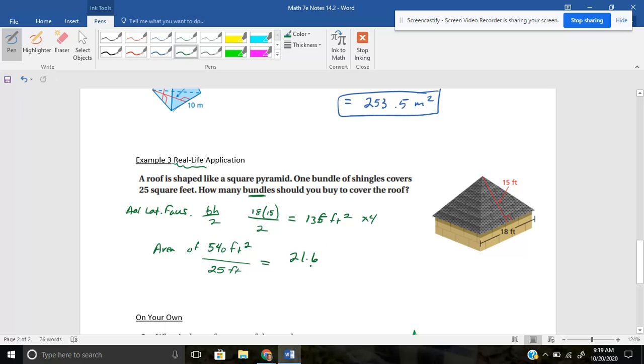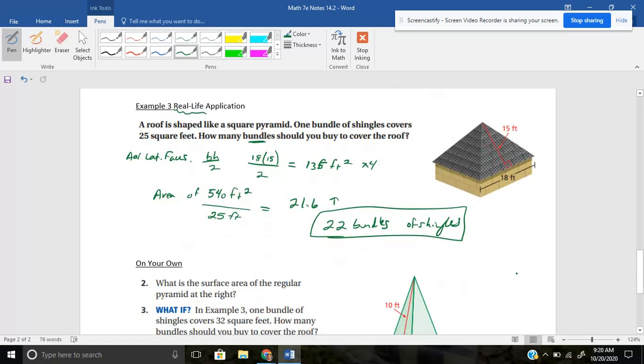Now, you can't buy 0.6 of a bundle. You can't tell Menards that you need 60% of a bundle. So you need to round up to get to a total of 22 bundles of shingles. Okay. Awesome real life example there that you'll see in the construction world.